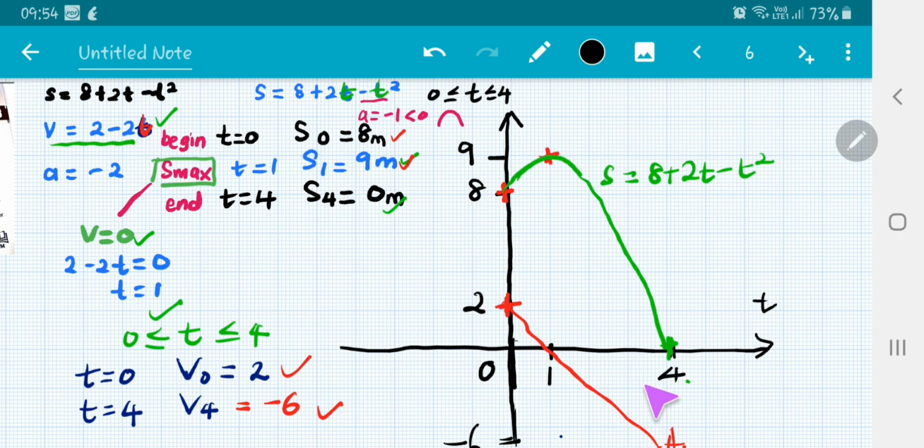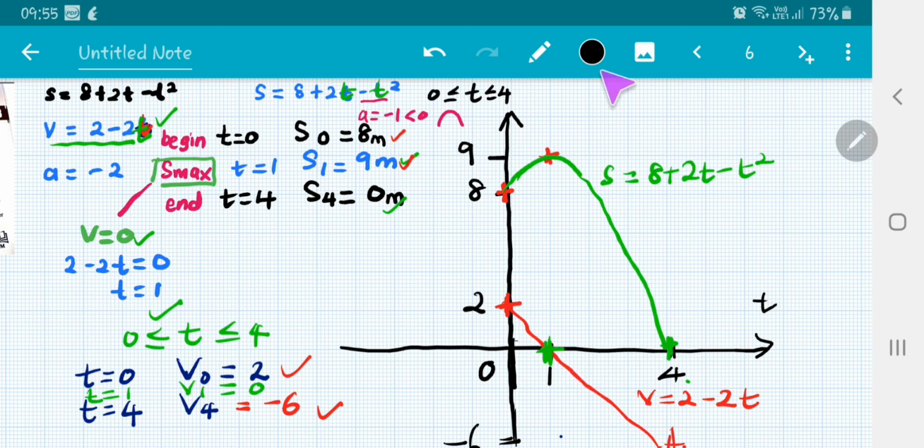The equation is v = 2 - 2t. Done. If you substitute t as 1, v at 1 is 2 minus 2, which is 0. That's why one more point is at (1, 0). So this is the graph.